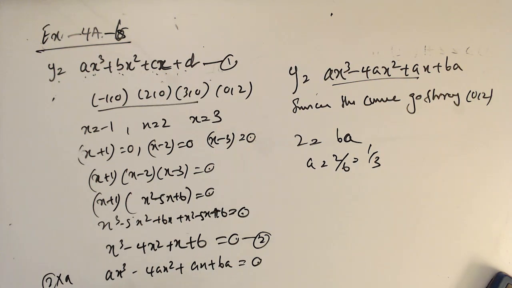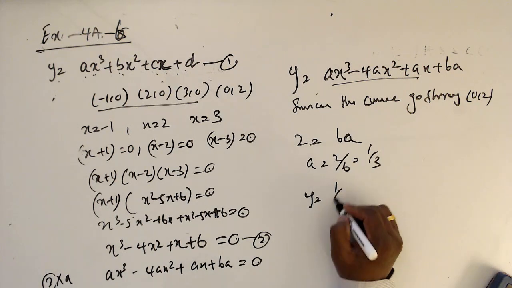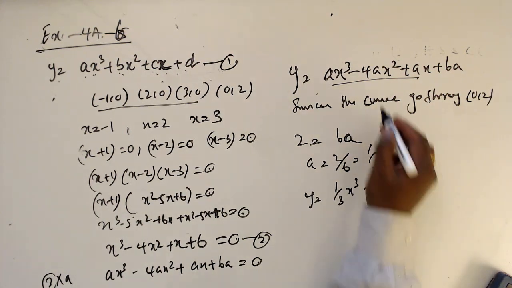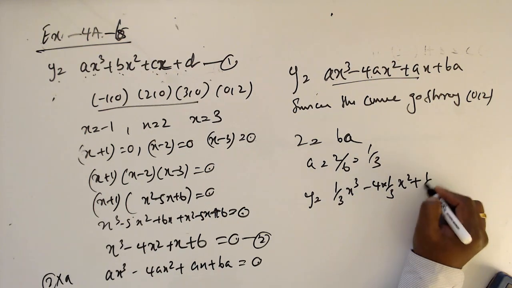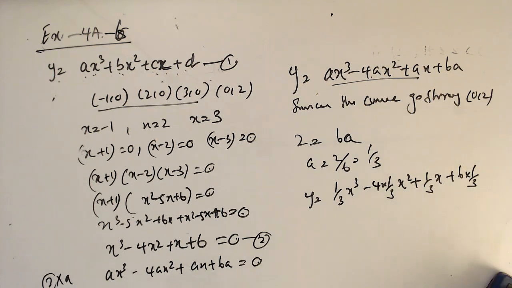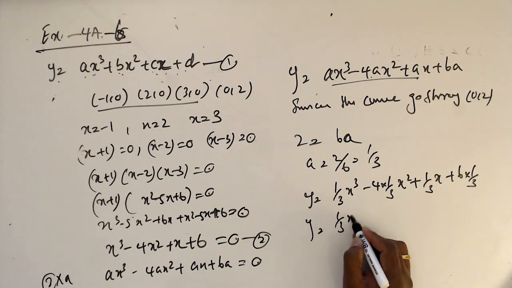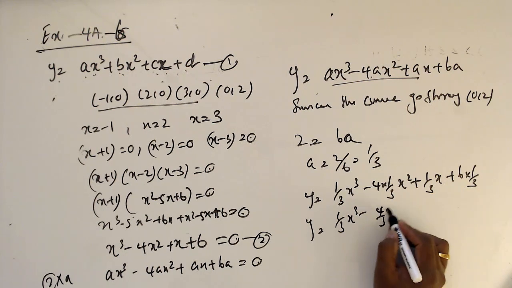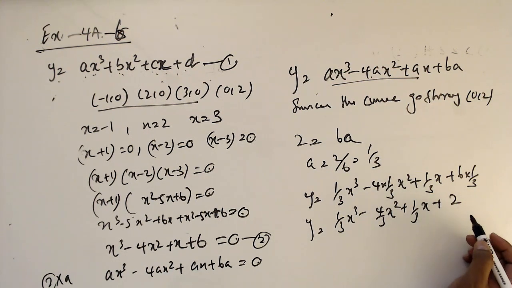Now you can substitute everything here. y equals 1/3 x cube minus 4 times 1/3 x square plus 1/3 times x plus 6 times 1/3. Now y equals 1/3 x cube minus 4 over 3 x square plus 1 over 3 x plus 2.